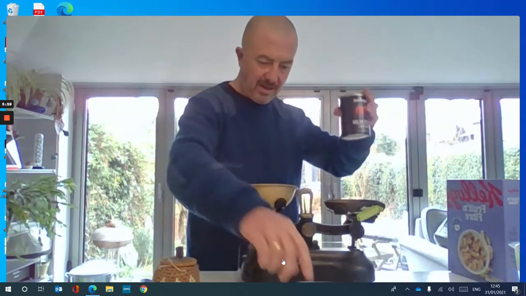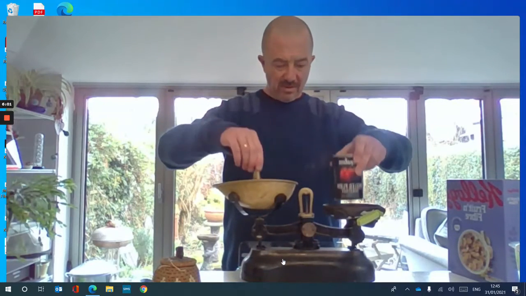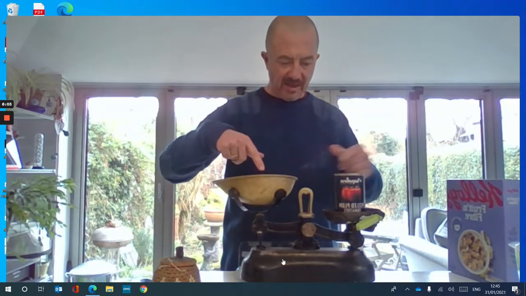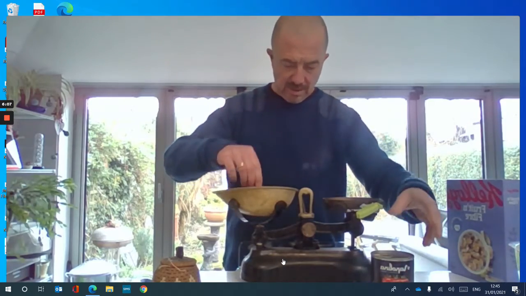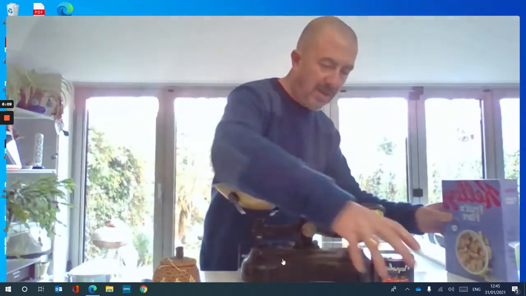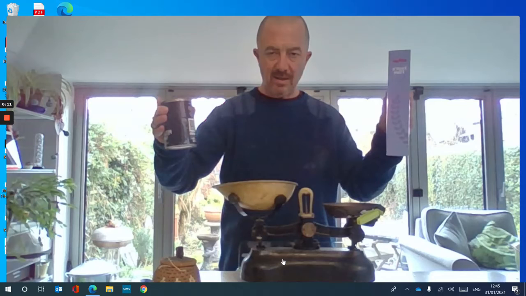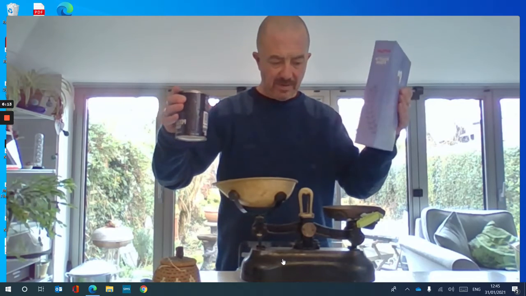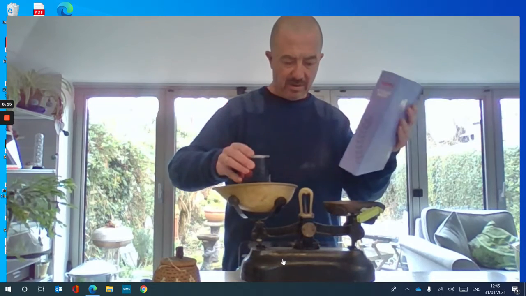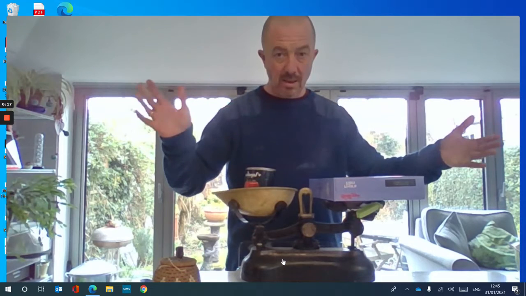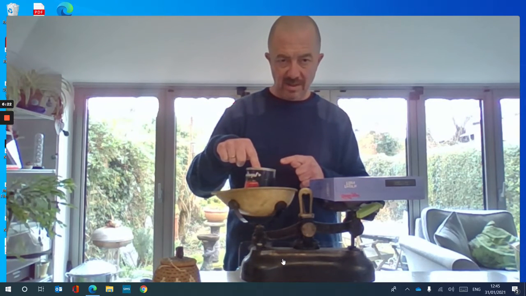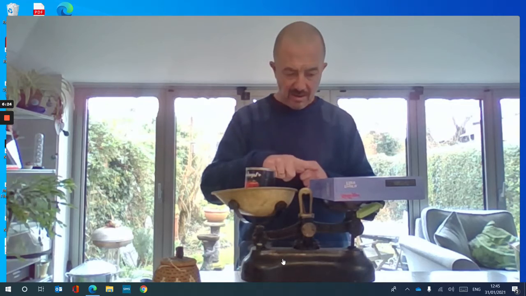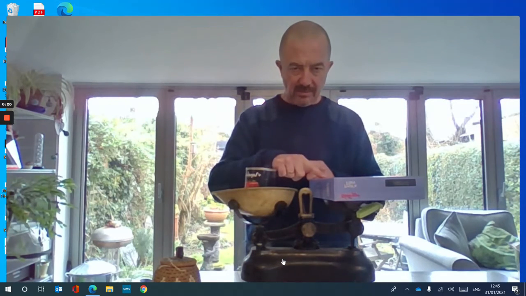So I'm going to compare my tin of tomatoes to my ornament, and as I expected, the tin is heavier. Now then, I wonder what happens if we compare these. Which will be heavier? This is bigger, but will it be heavier? Let's have a look. Let's put these in here. We've noticed that the tin of tomatoes is heavier than the cereal packet.